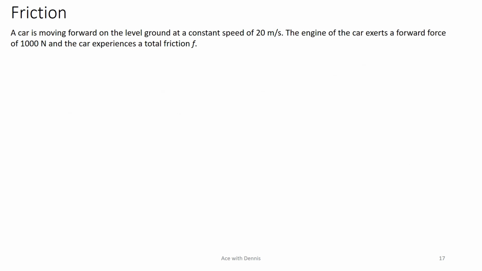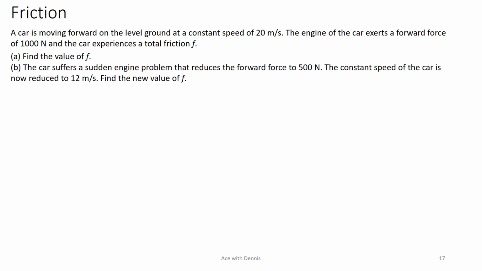Let's look at this example. A car is moving forward on the level ground at a constant speed of 20 meters per second. The engine of the car exerts a forward force of 1000 newtons and the car experiences a total friction F. A. Find the value of F. B. The car suffers a sudden engine problem that reduces the forward force to 500 newtons.